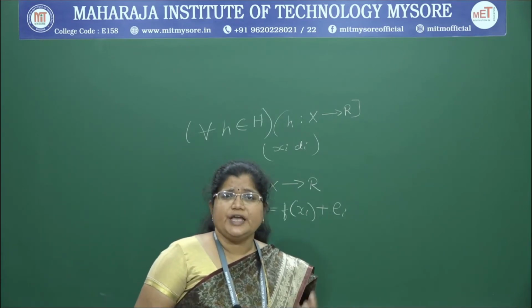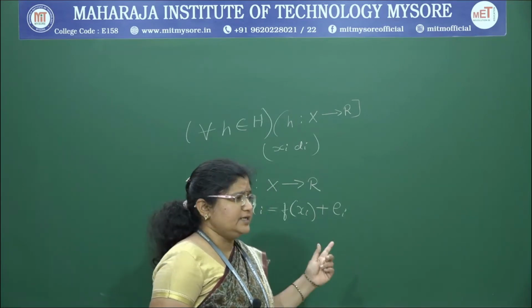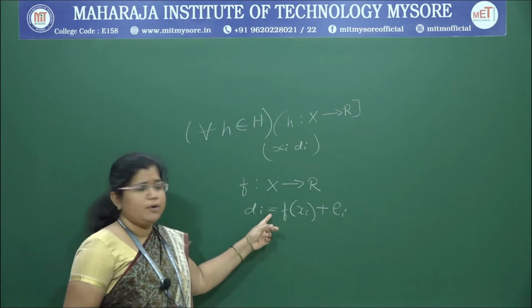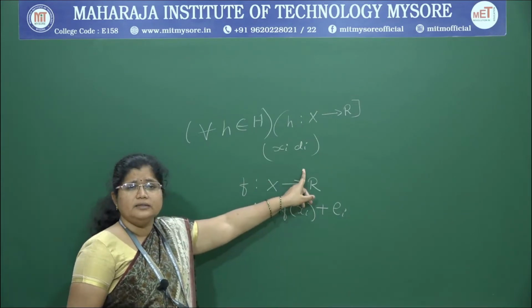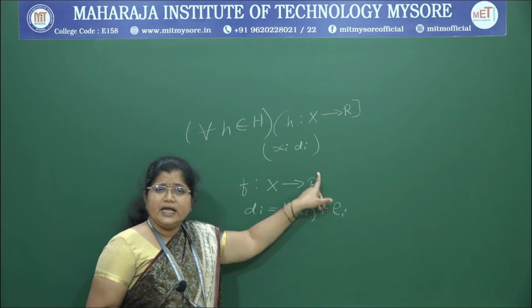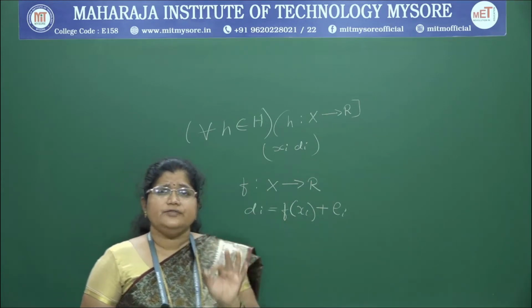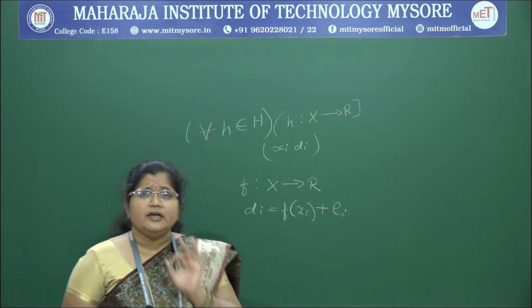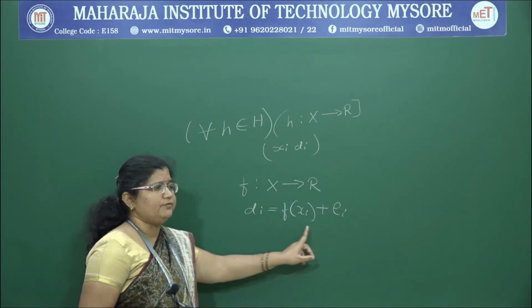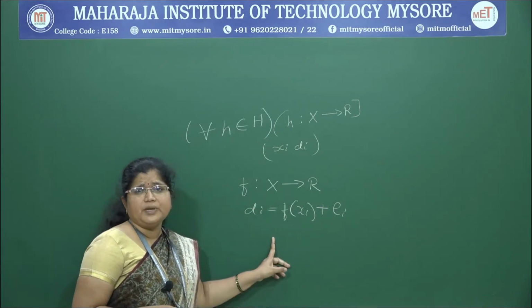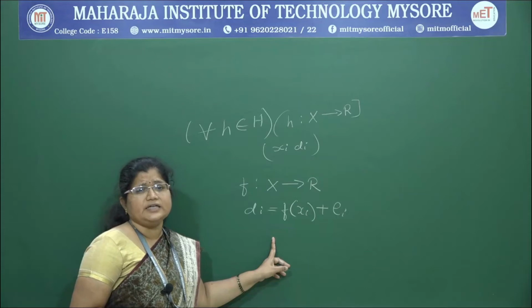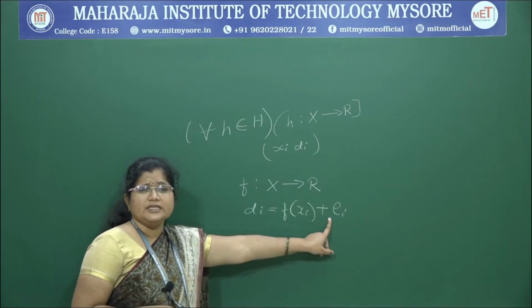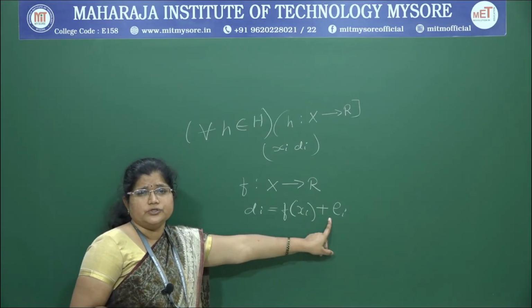Each training example contains the pair xi, di, where di is the target function value. If the target function is error free, it is indicated as f of xi. If the training example contains an error in the target function, then ei is introduced.